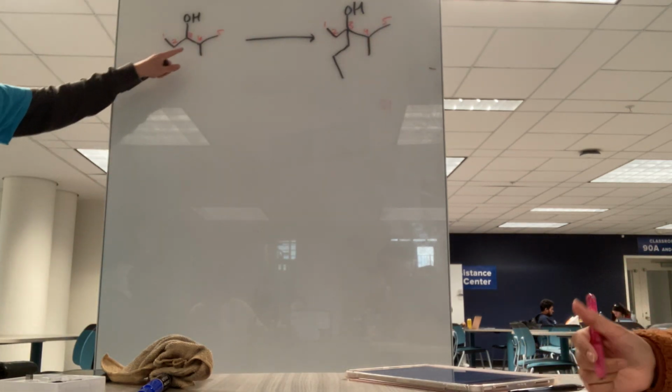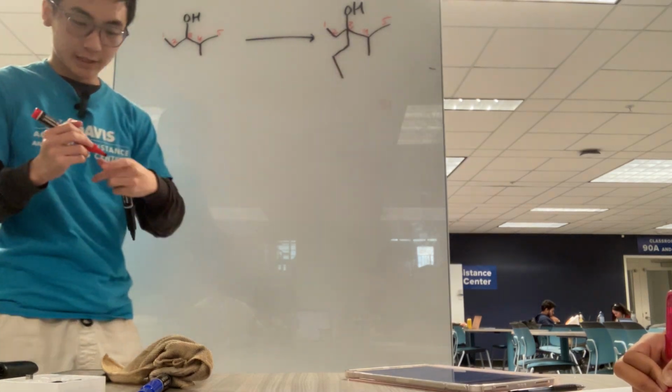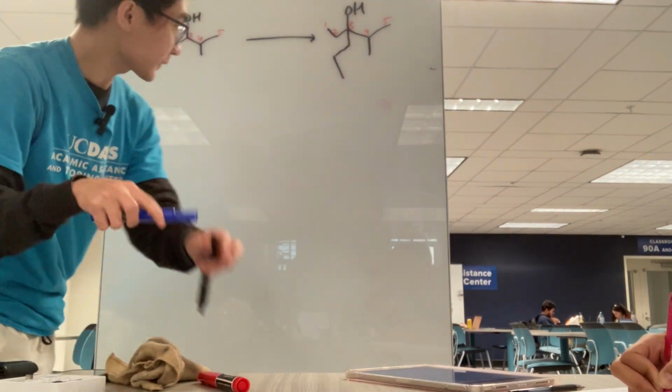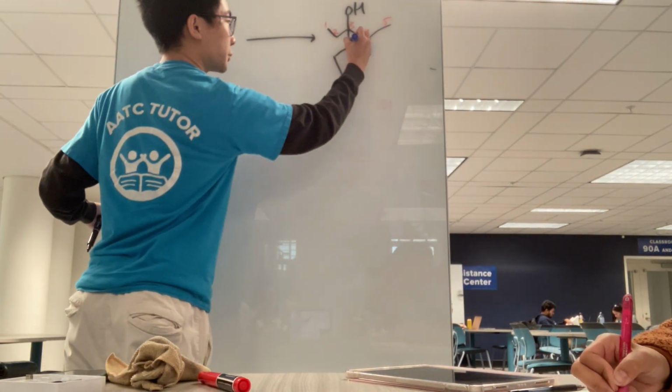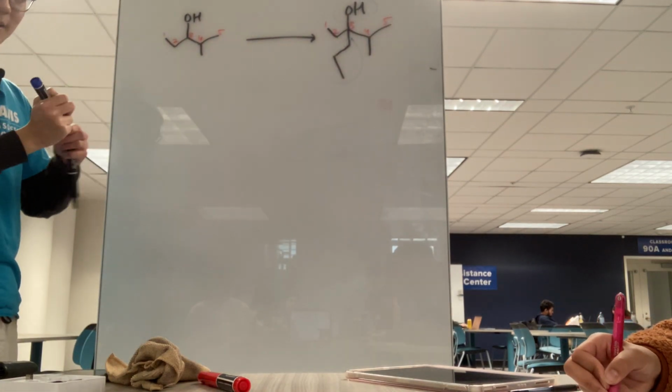Because we see that this fourth carbon here has a methyl group, which is that methyl group right there. So our new groups here are going to be this propyl group and this alcohol here.